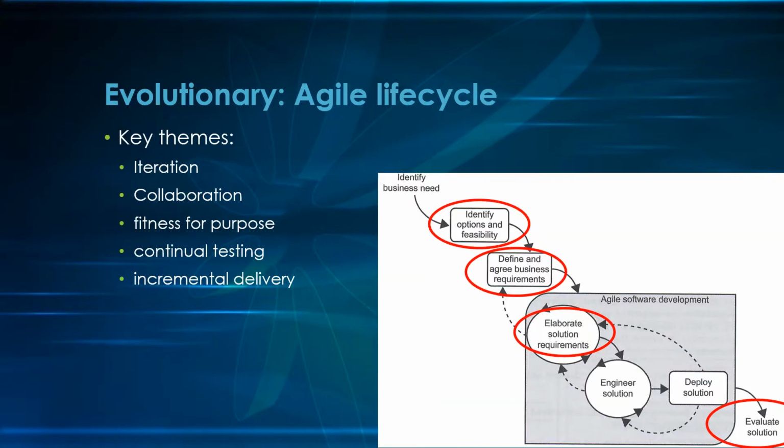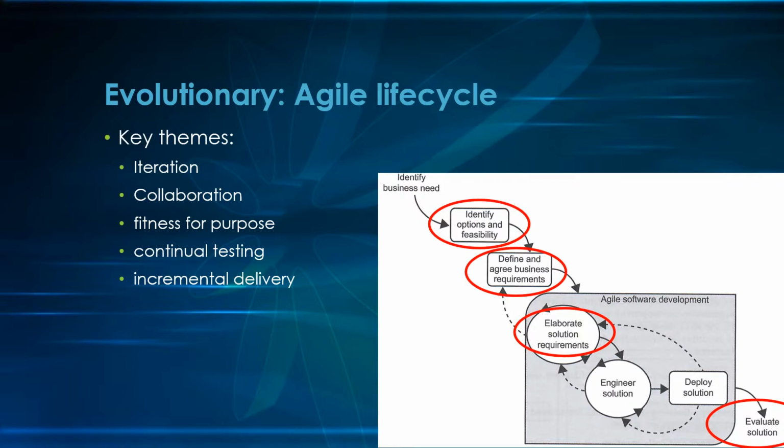The Agile life cycle can be seen to be quite different to the previous methods described. Key themes are iteration, in that detailed requirements are developed over each iteration. That's seen in the gray box. Collaboration, so all stakeholders and dev team members collectively make decisions.